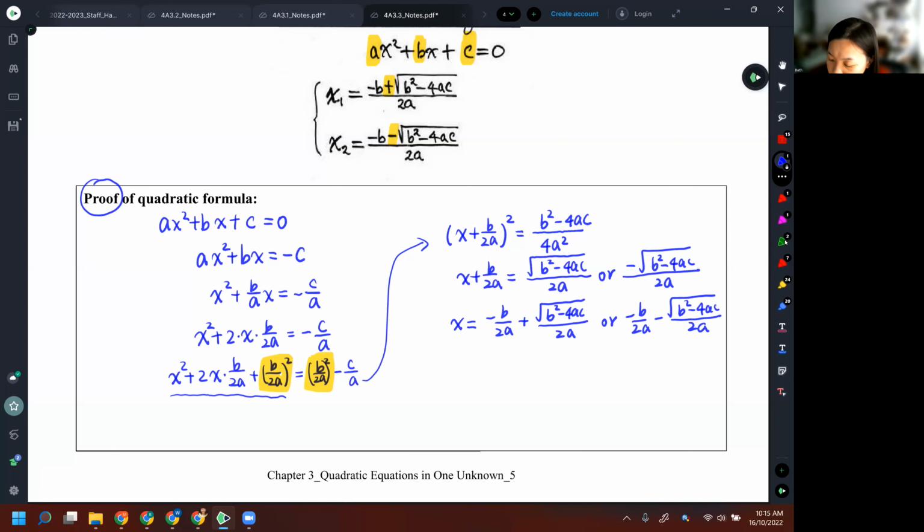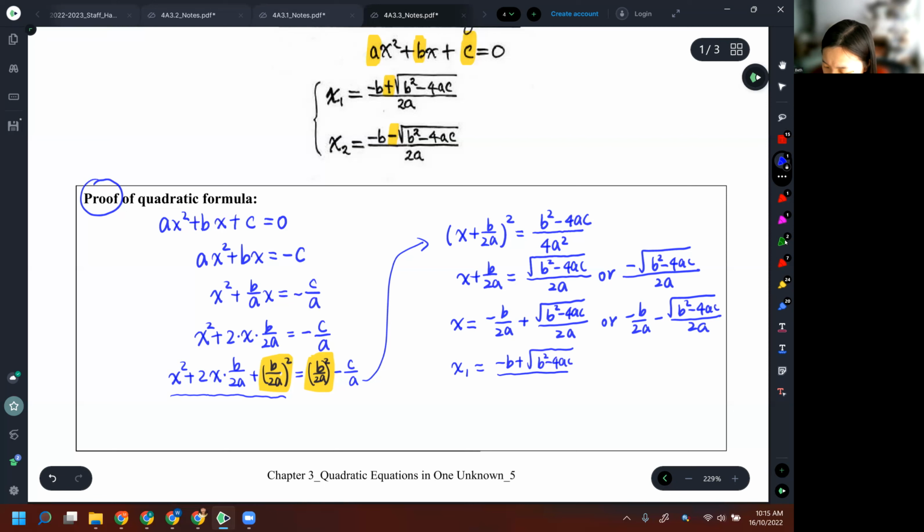Okay? Now, you see, this root, I call it x1. So x1 is negative b plus this. The first root, I call it x1. The second root, I call it x2.